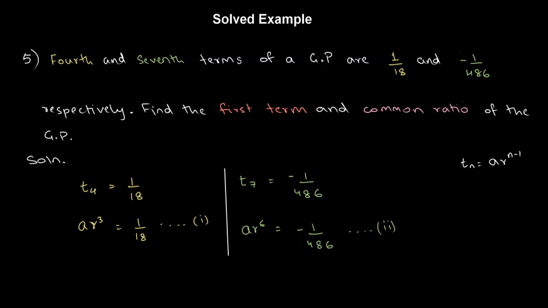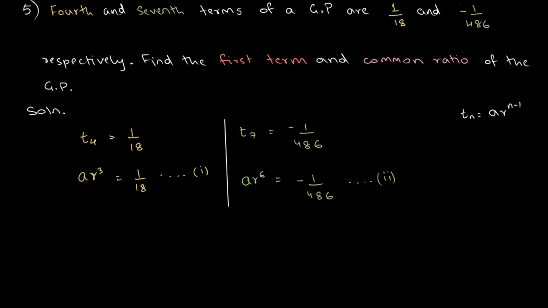Now we want to find the values of a and r, two unknowns, and we have two equations in a and r, as you can see. What we can do now is divide equation number 2 by equation number 1.